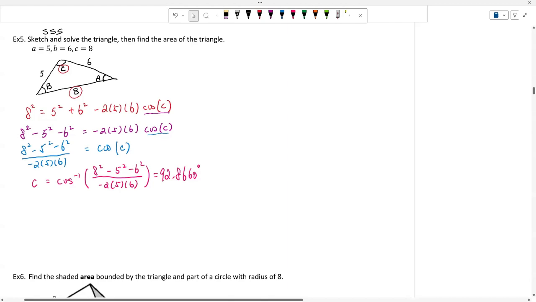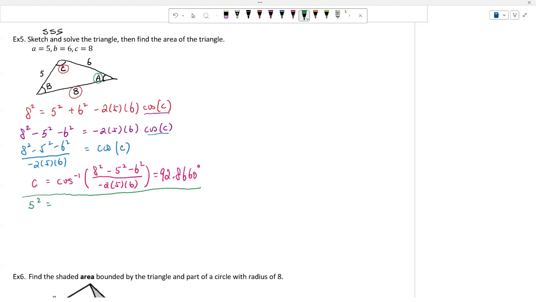Now, after we get this angle C, we will be able to use the law of sine again to help us find the angle A or the angle B. Or I would like to use the law of cosine again, because we need to practice. If I want to use the law of cosine to find the angle A, the opposite side of A is 5.